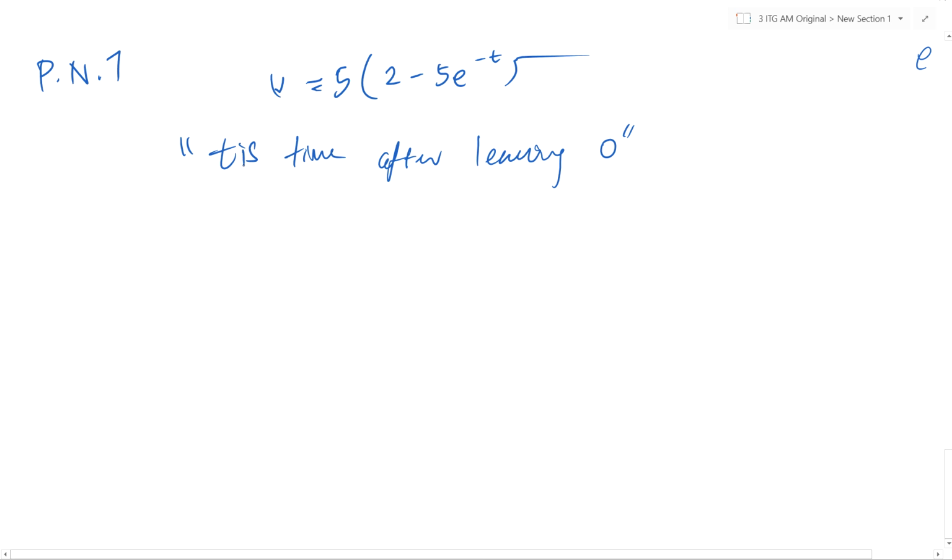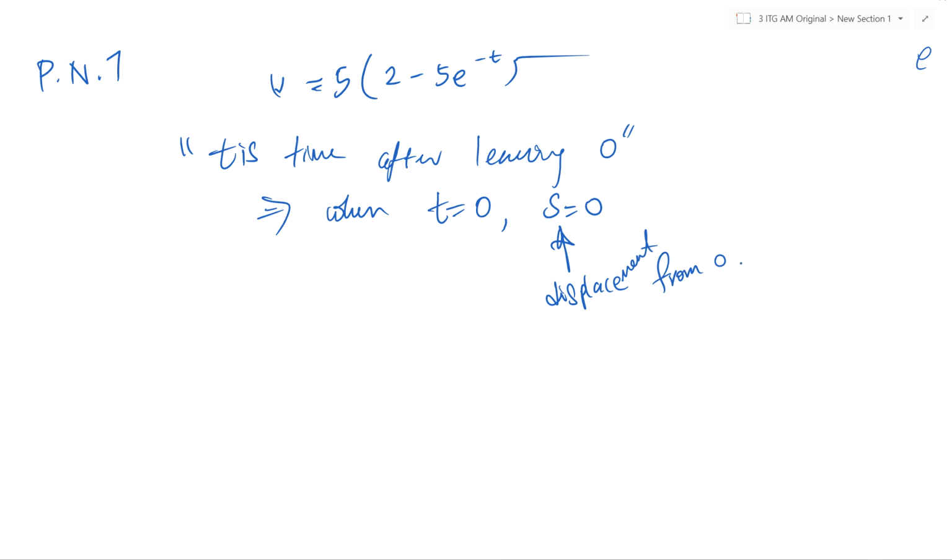Okay, so this tells us that when t equals 0, s equals 0. Now this s over here is displacement from O. This is very important for us to identify what the value of c is later on. Because we are probably going to be integrating for total distance for the second part.